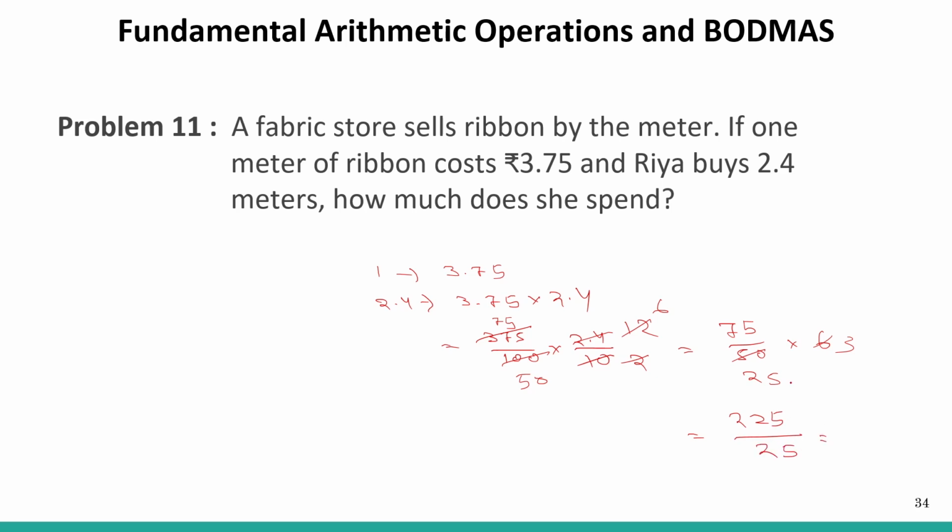That is nothing but 9, okay, 25 into 9 is equal to 225.